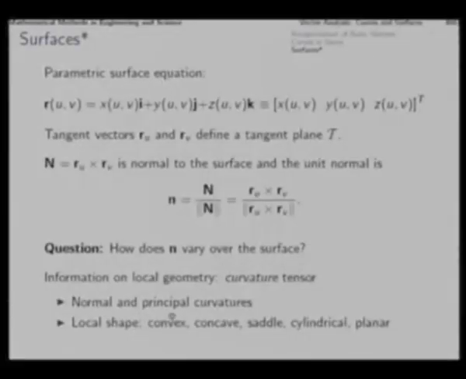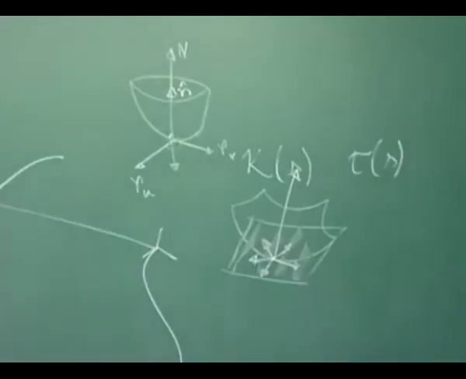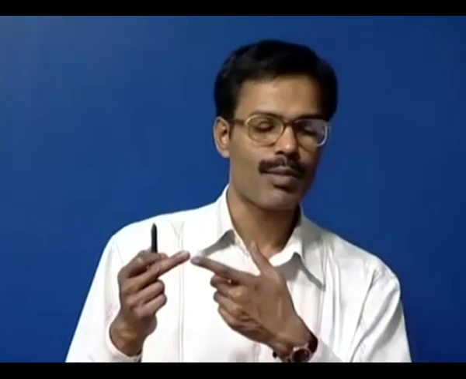Depending upon the signs of these principal curvatures, you can classify the local shape as convex, concave, saddle and so on. If both the principal curvatures turn out to be positive, then you say that locally the surface is convex. If both of them are negative, then locally the surface is concave. If one of the principal curvatures is positive and the other is negative, then at that point the surface geometry is termed as a saddle point.